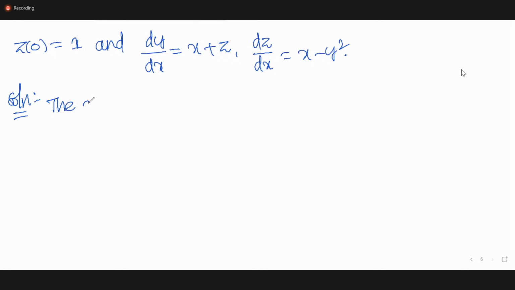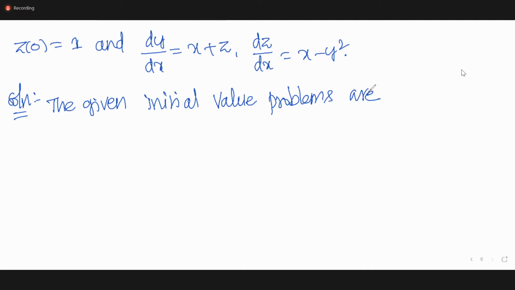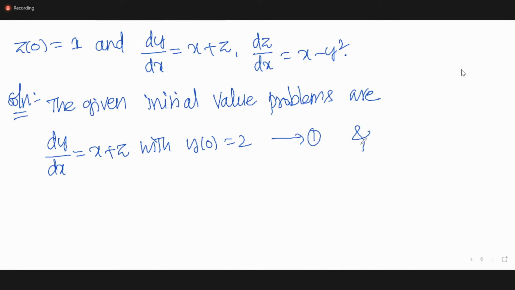The given initial value problems are: first, dy by dx is equal to x plus z with y of 0 is equal to 2, and second one, dz by dx is equal to x minus y square with z of 0 is equal to 1.